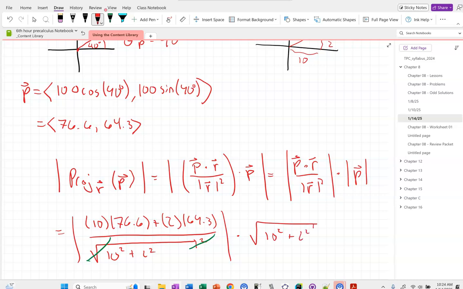And the magnitude of P, well, hey, that's, yes, sir. Oh, my goodness. It is. I was doing the magnitude of R. I definitely didn't write the magnitude of R. Whoopsie daisies.